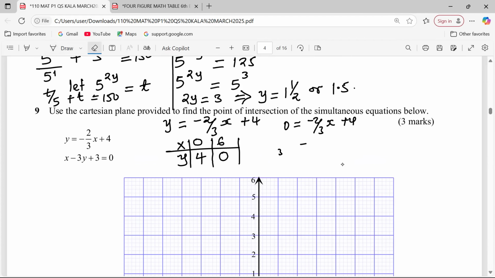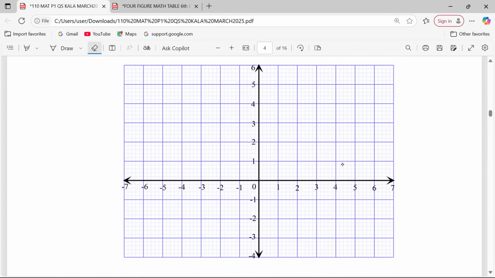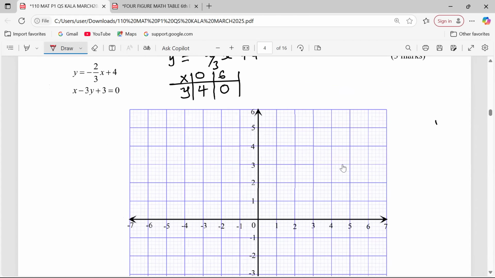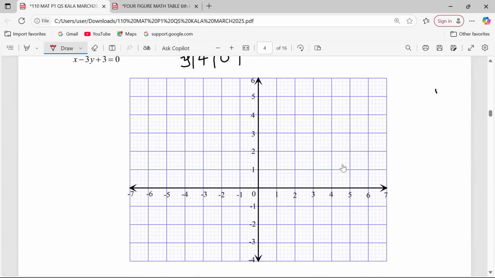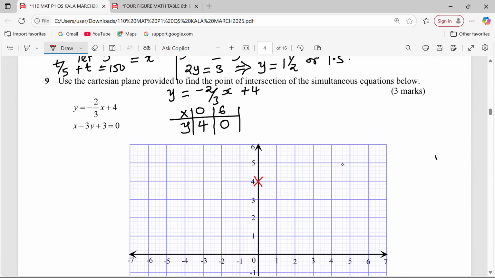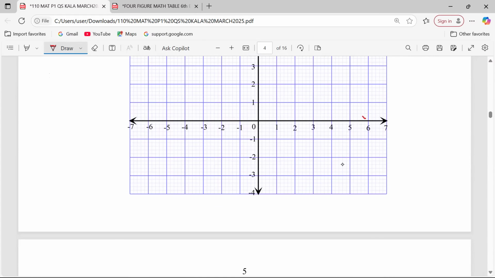So with this table now, we can plot the first line. Remember, on the Cartesian plane, everything has been labeled for us. Ours is just to apply. So these are very fair examiners. 0, 4, that is for the y-intercept, that means we come to this point. Then we are having 6, 0 at that point.